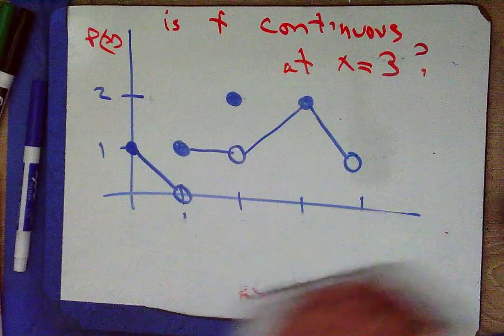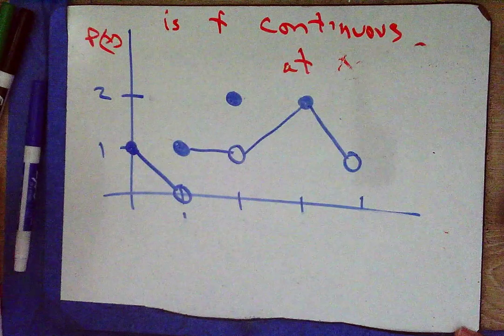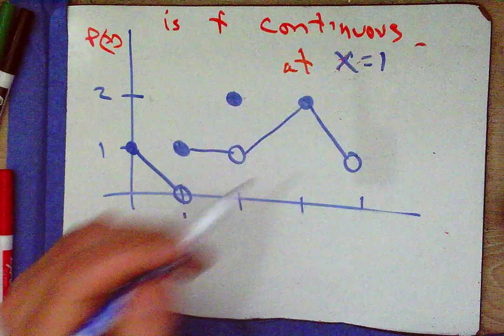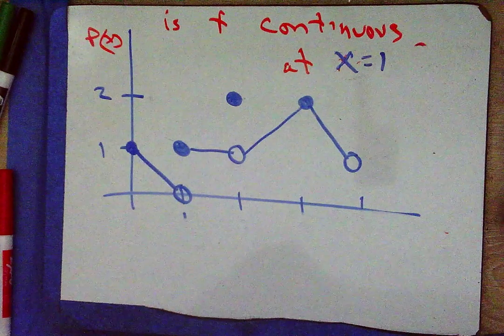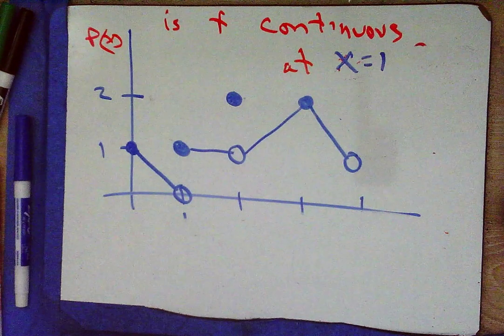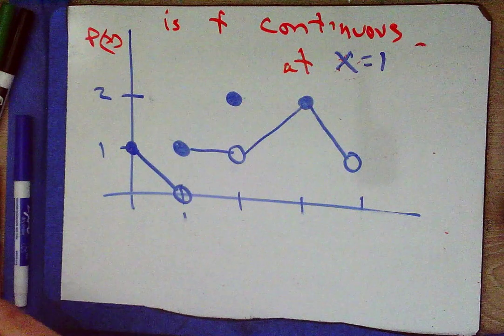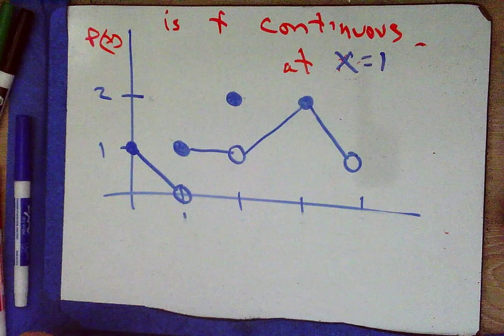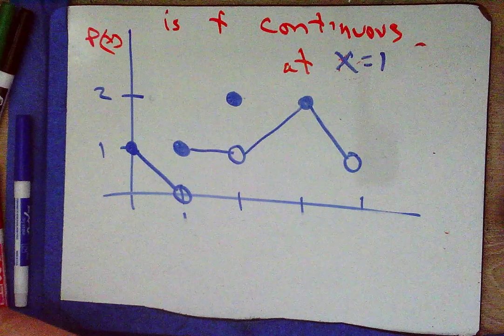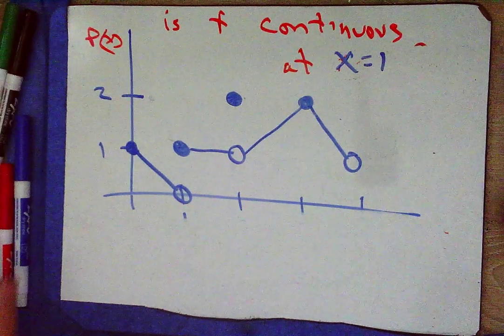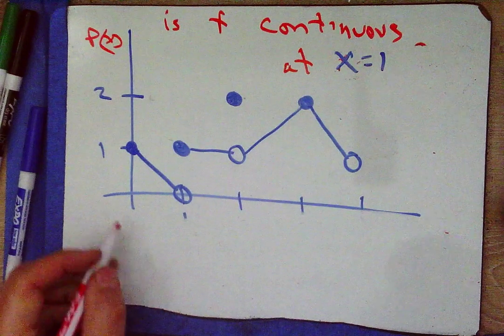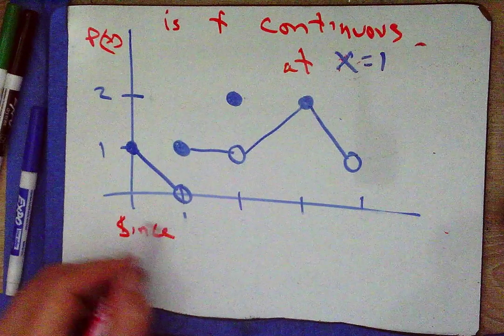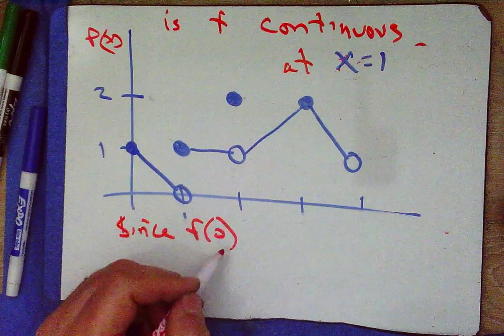What about at x equals 1? Am I continuous at x equals 1? Pause the video and give that one a try. Hi, welcome back. So, I said, since f of 0... oh, did I say 1?